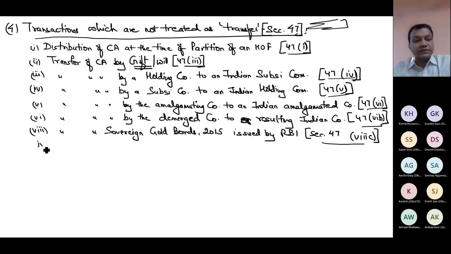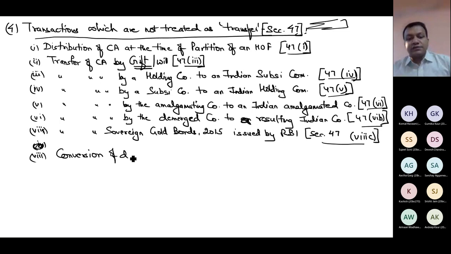Conversion of bonds into debentures. 7th, and this is 8th number. Conversion of debentures into shares: government will not say that debentures have been transferred. No, government says under 47 it is no transfer. Conversion of debentures into shares is not treated as transfer.